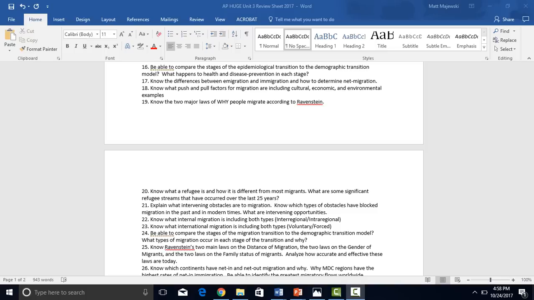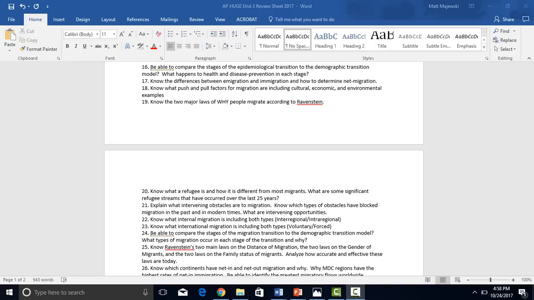Remember, it's really simple. You take the number of emigrants, which are the number of people that are leaving your country, and then you compare it to the number of immigrants, the number of people coming in. If the number of emigrants is larger, then you are a net out country because you have more folks that are leaving than are coming in.